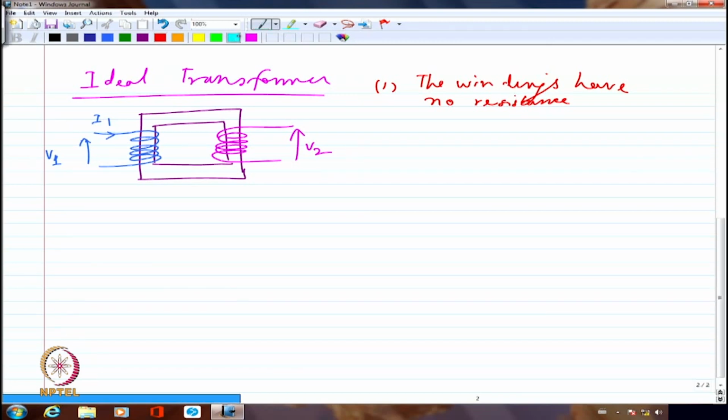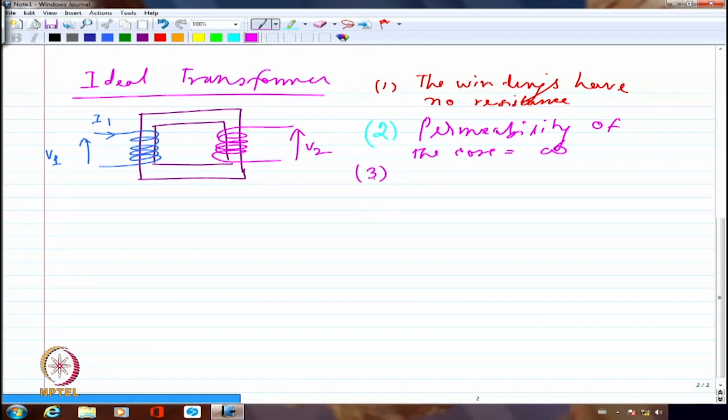The second assumption that I'm going to make is that if I want to establish a flux in the transformer, I will require literally 0 current if the permeability is infinity. So I'm going to assume that the permeability of the core is infinity. Right?